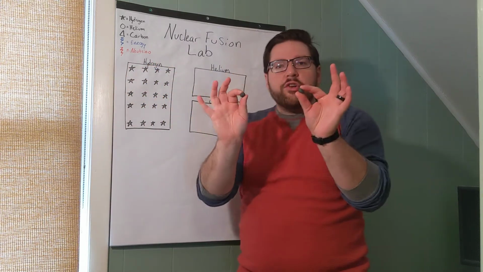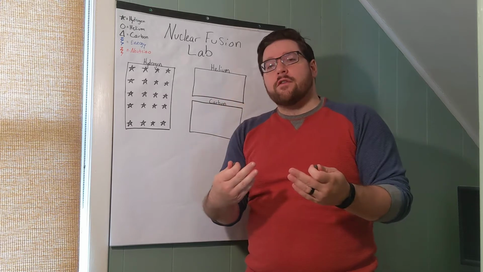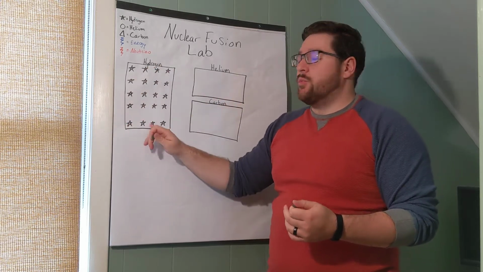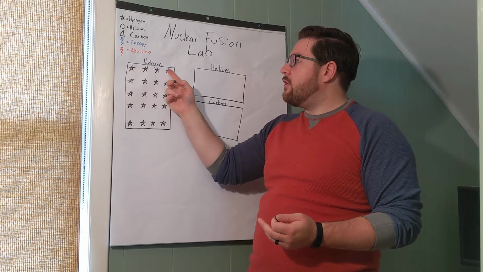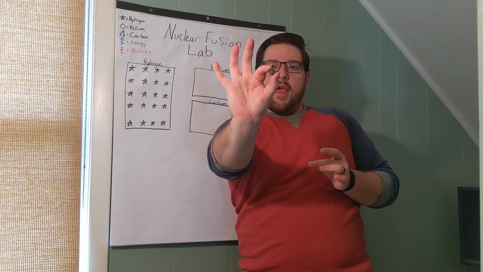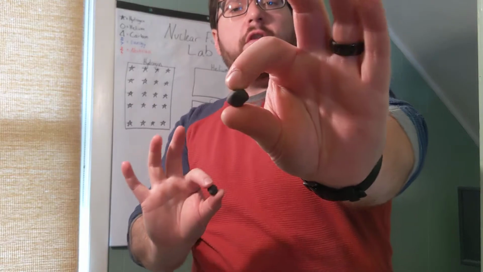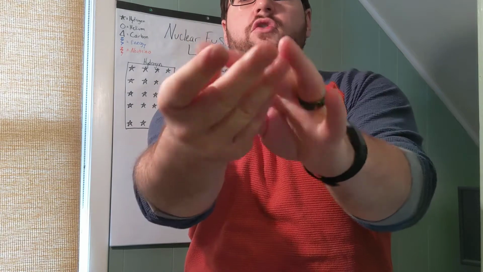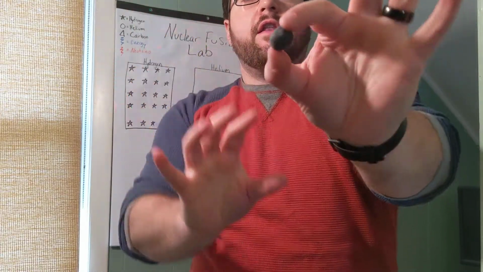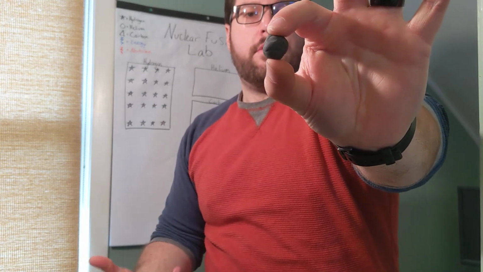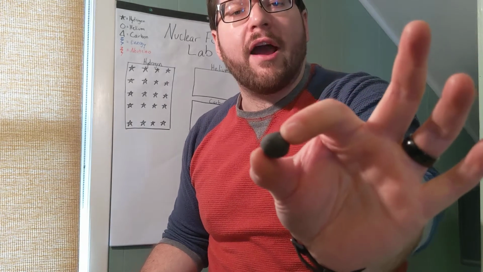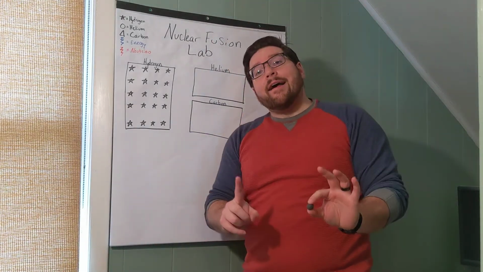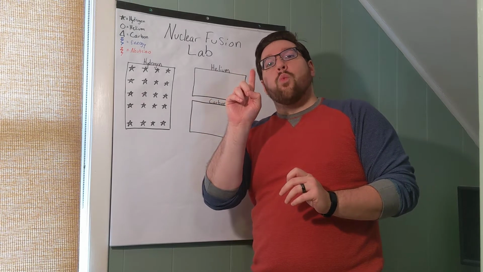The first round of nuclear fusion is going to be taking care of this hydrogen. We're going to fuse these hydrogens, these singular protons. Each of these represents a single proton. So here's a little proton, and here's a little proton. Each represents a hydrogen, and we're going to fuse them together. That's nuclear fusion, baby. There it is. Now we have a bigger atom. We have a bigger nucleus. We have combined our protons, but this is no longer hydrogen. This can't be hydrogen because there's only one proton in hydrogen.